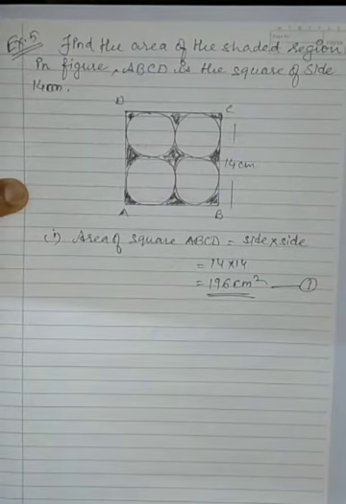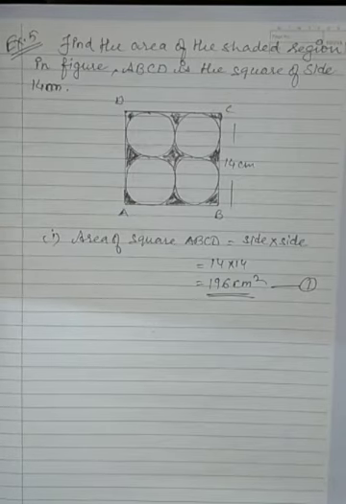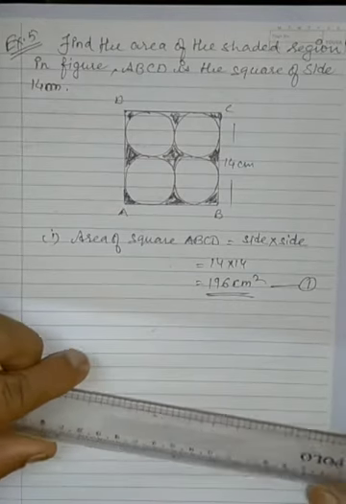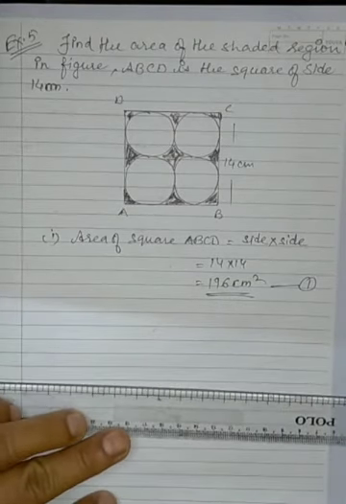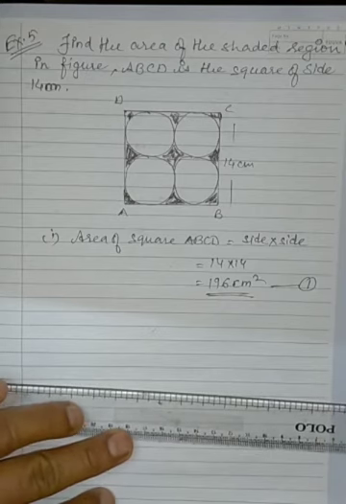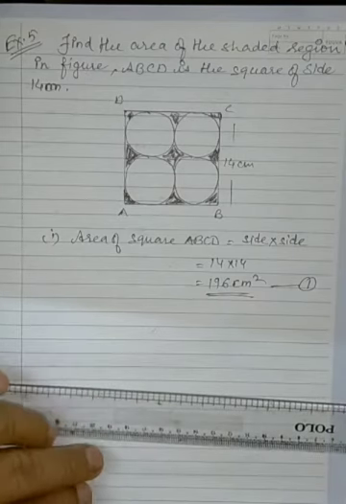Now, to find the area of 4 circles, we need to know the radius of each circle. So as we can see in the figure that all the circles are touching each other without overlapping or leaving any gap between them.